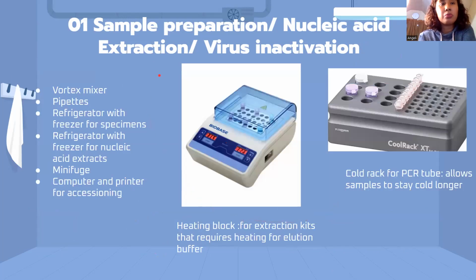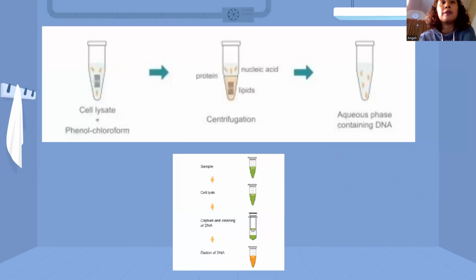What else? We have vortex mixer and pipette. Then a new one, the heating block. Some extraction kits require heating. We have the cold rack. The PCR tubes need to be at a cold temperature, so it will maintain the coolness of the tubes.